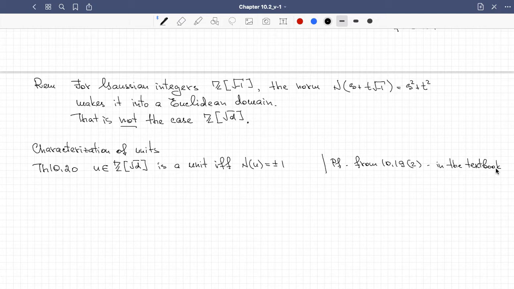The characterization of units in this way allows one to obtain the ACC condition on principal ideals.